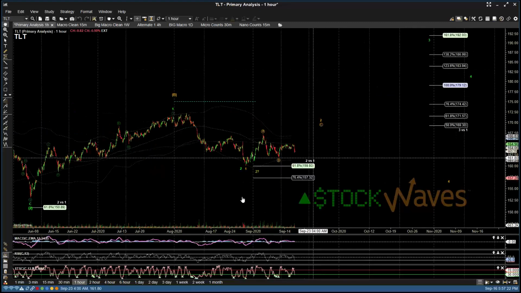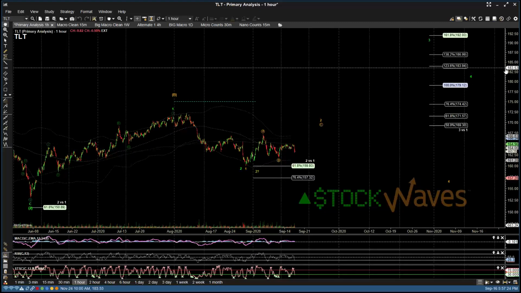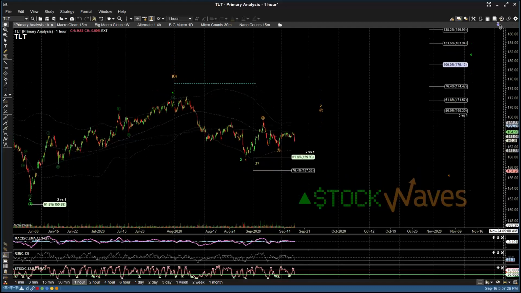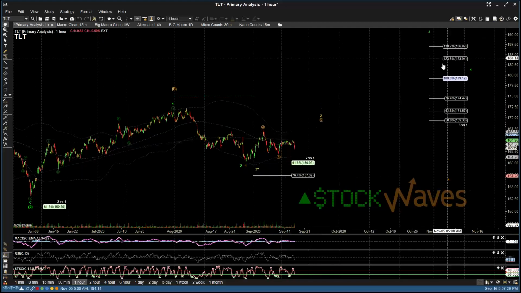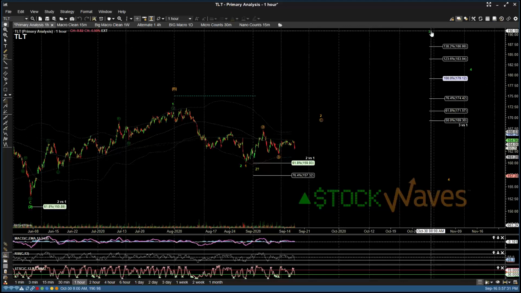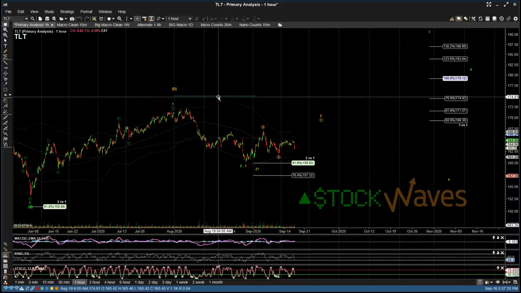So sometimes I might present something where I want to zoom in on just the hourly because I want to focus on the structure here, and maybe I'll frame this so that you can see where the green 3 is pointing if it gets over that resistance.